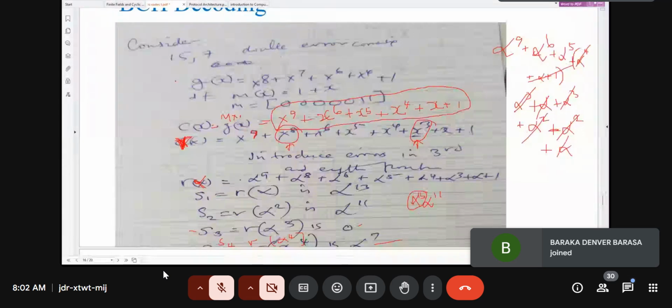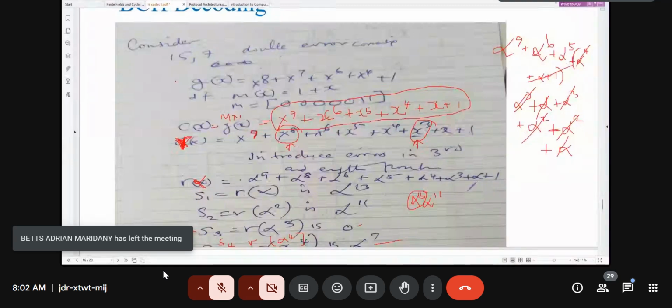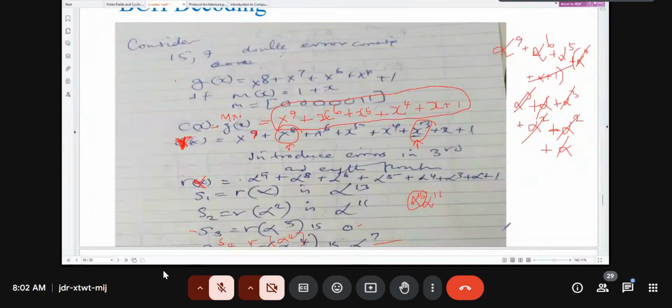Let's do it for this particular alpha to the power of 4. I should have really had pages to do calculations. I don't have space for calculations. So we have seen, I hope you're able to follow that without me writing.